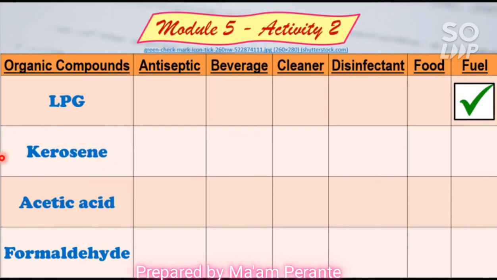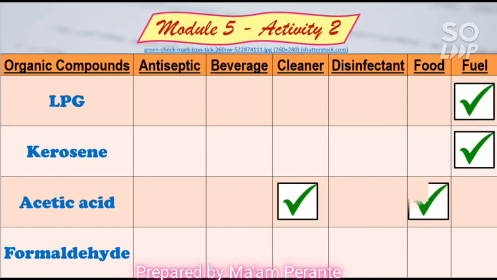Okay? How about the kerosene? That is also fuel. Acetic acid or vinegar is used as a cleaning agent or cleaner and can also be used in cooking. So food, you have to check the food.